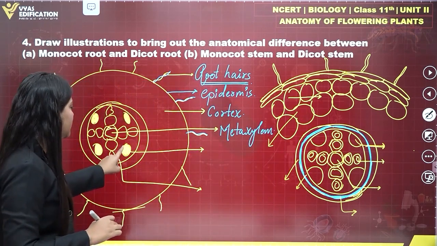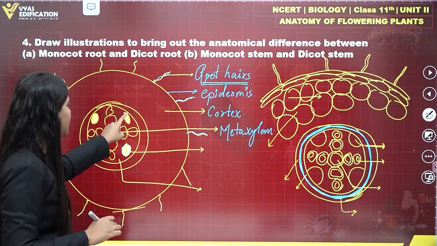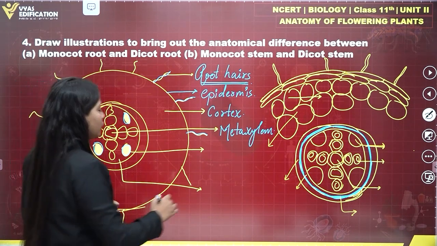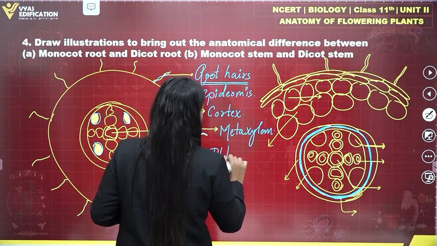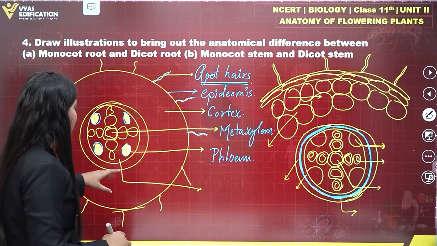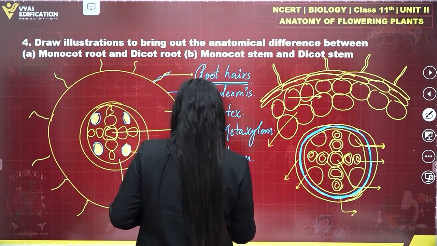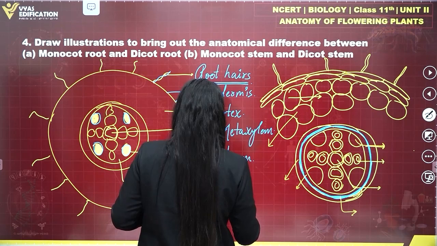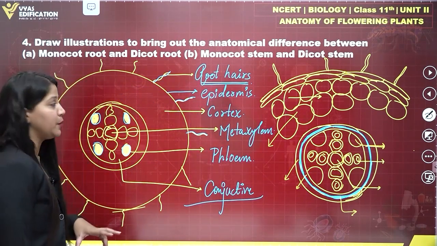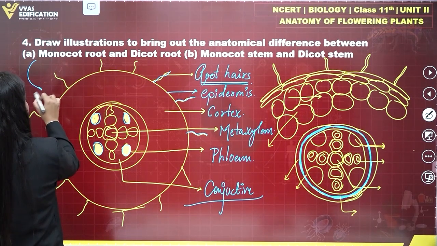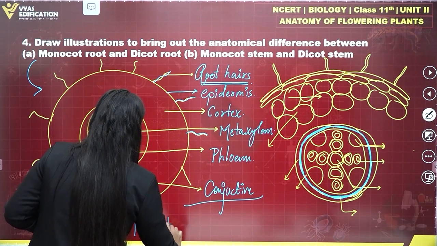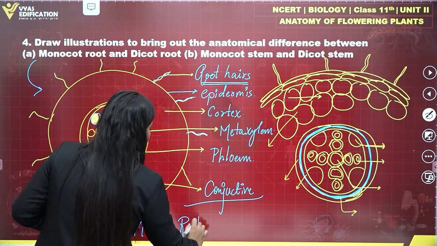Then these structures you can see are phloem, these are phloem in monocot roots. And this is your conjunctive tissue. This whole diagram is representing the monocot root, so we can write here that this is the diagram representing monocot root.